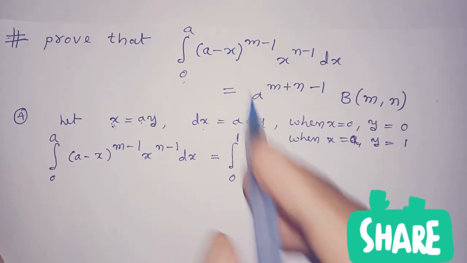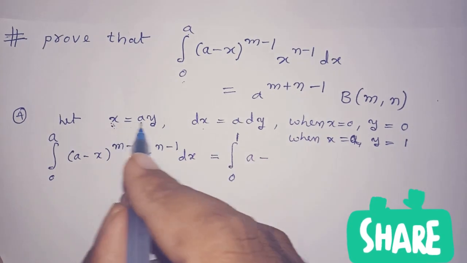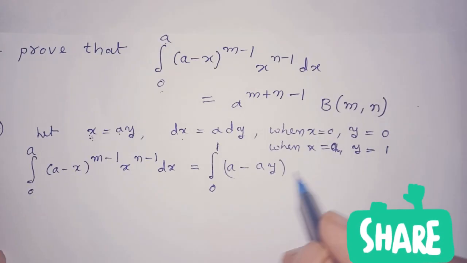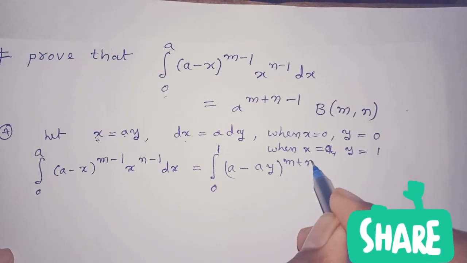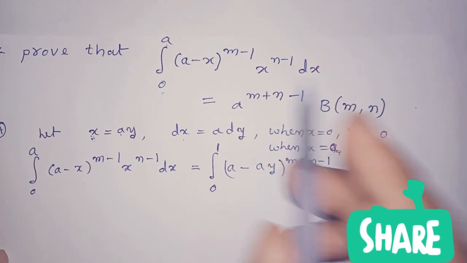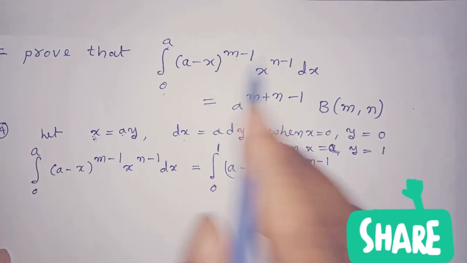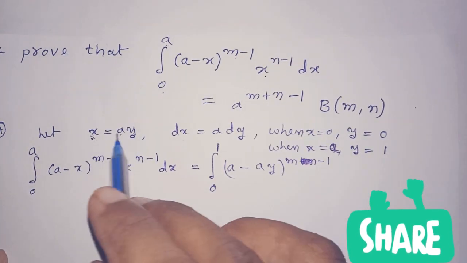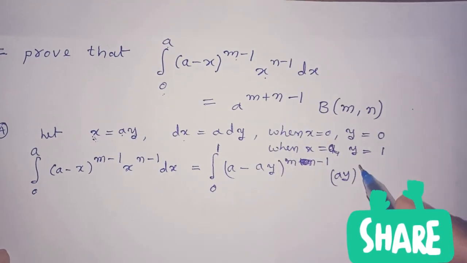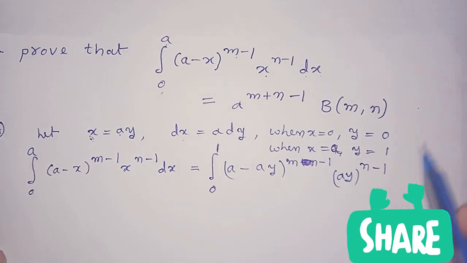Okay, now a minus x is equal to a minus ay, raised to the power of m minus 1. Now x means ay, to the power of n minus 1. Okay, dx means a dy.